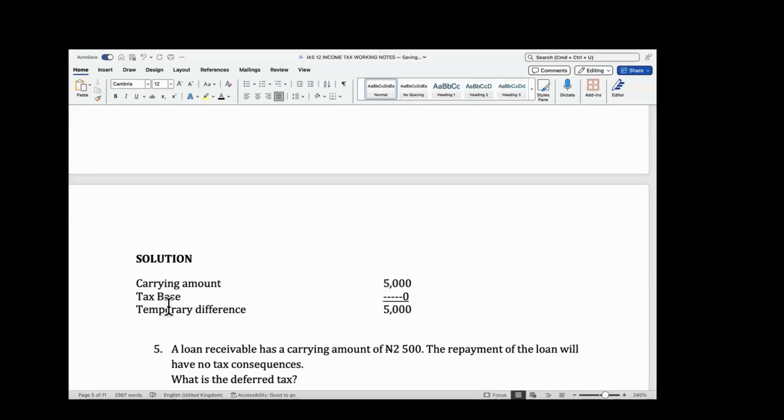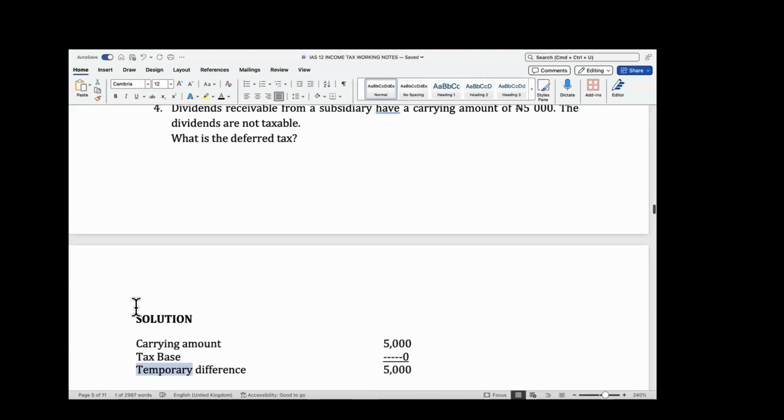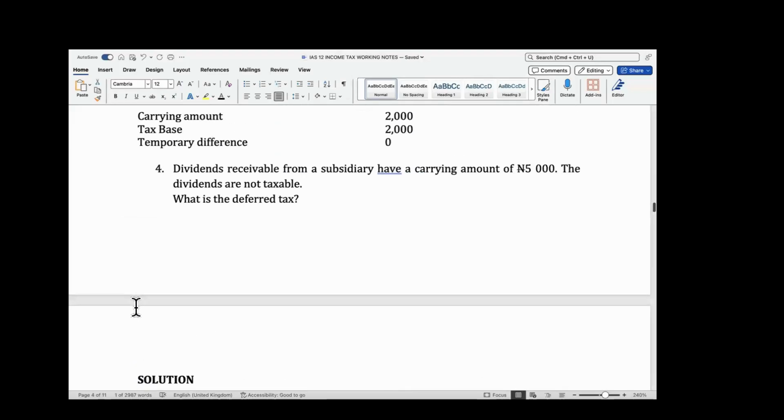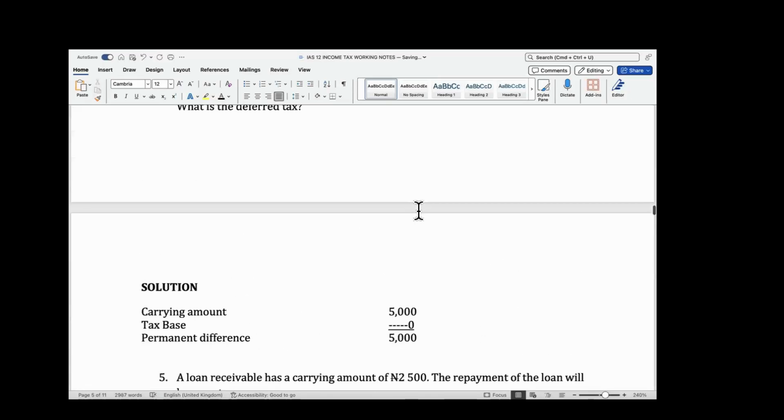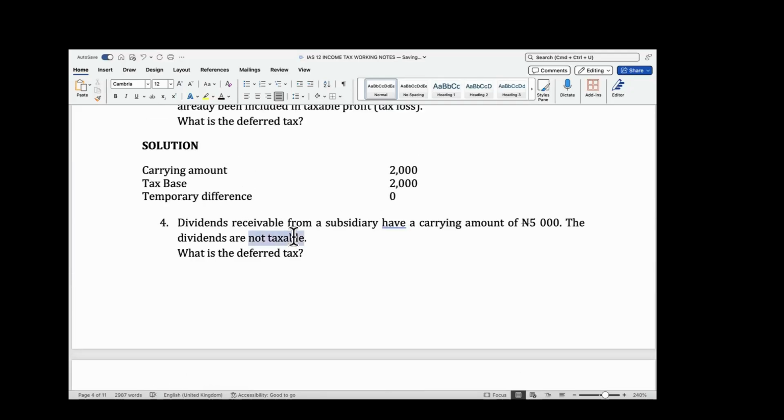Let me shock you. It shouldn't be a shocker, because I would have expected one of you to get this right: this will arise in something we call a permanent difference. This is not a temporary difference because these dividends are not taxable. They are exempted from tax. Temporary difference is that I'm not taxing it this year, I'll tax it next year, or I'm not deducting it this year, I'll deduct it next year.